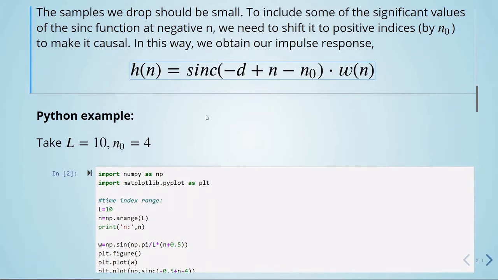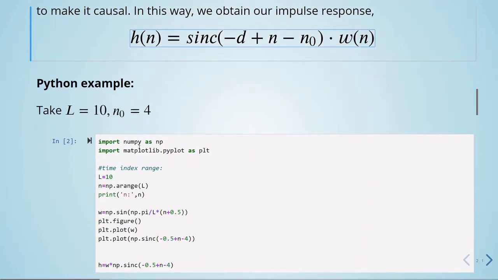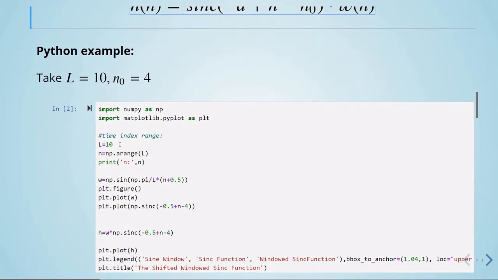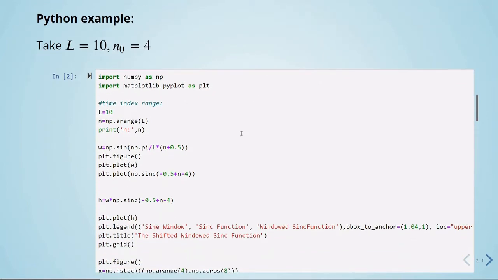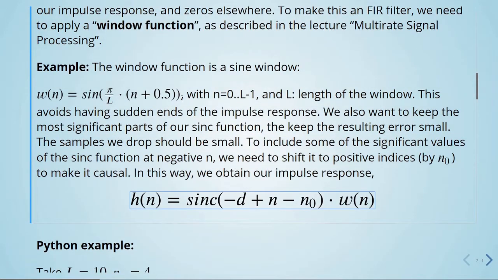We can have a Python example where our window length equals 10 and we give a shift of n0 equals 4. We import numpy and matplotlib to plot. We define our length equal to 10 and our n0 equal to 4. Here we have our window function, the sine window, given by this equation.